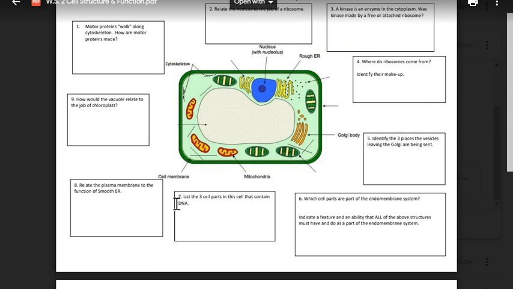Number 6, right there. Which cell parts are part of the endomembrane system? Let's answer number 6 real quick.